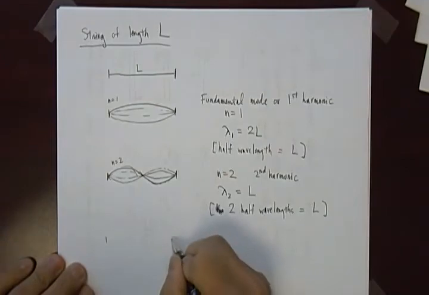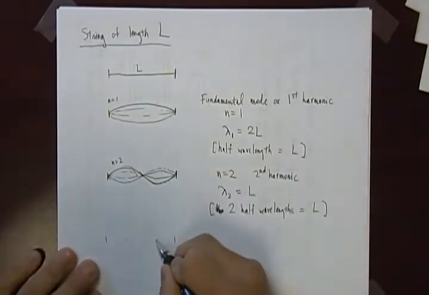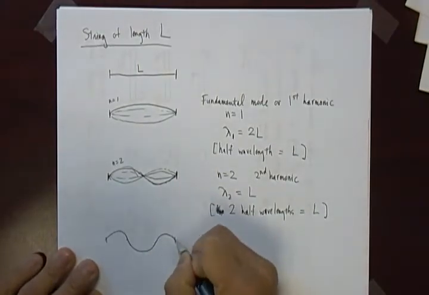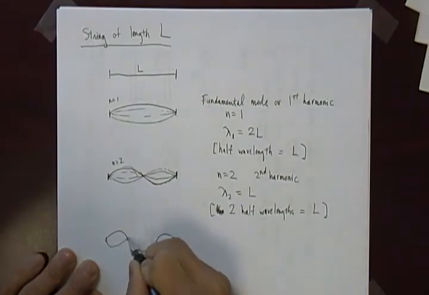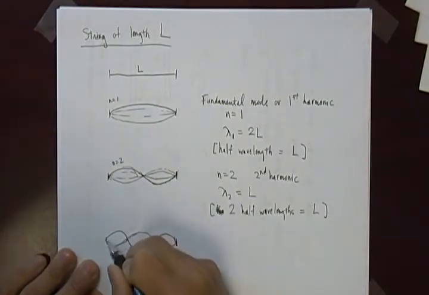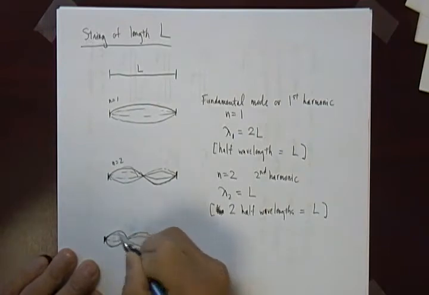Now let's do one last one. We can keep going forever, but let's just do one last one. So we have something like this. Oops. That's a little sloppy, but I think you get the picture. Okay.